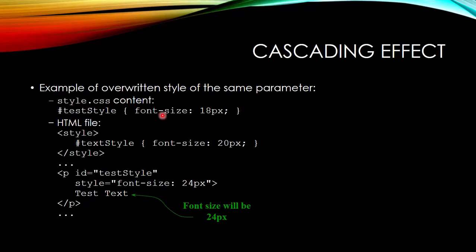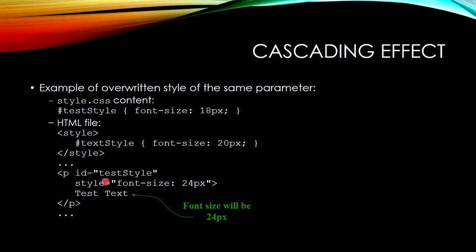Next is the case where the definition of the style or property is clashing. The same ID, text style. In .css, we define the font size to be 18 pixel. Then in the style tag of the HTML, we define the same property to have a different size, now 20 pixel.